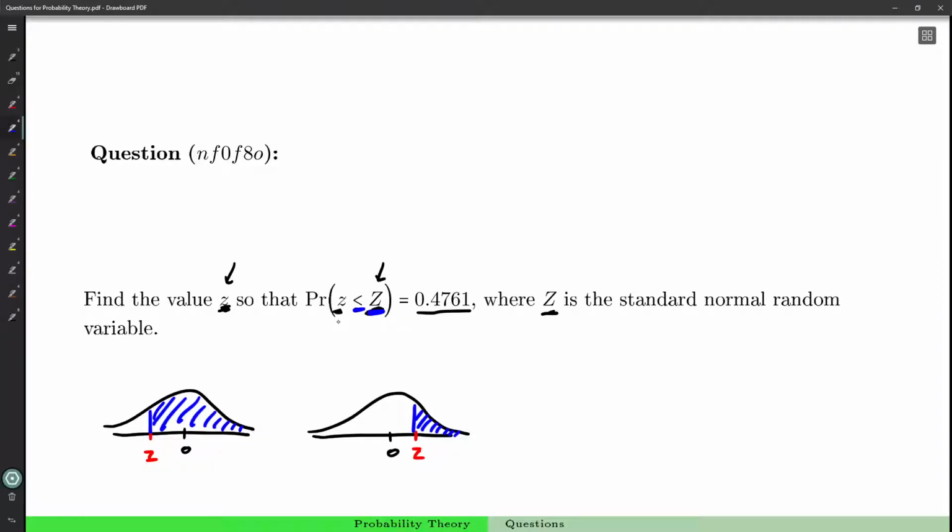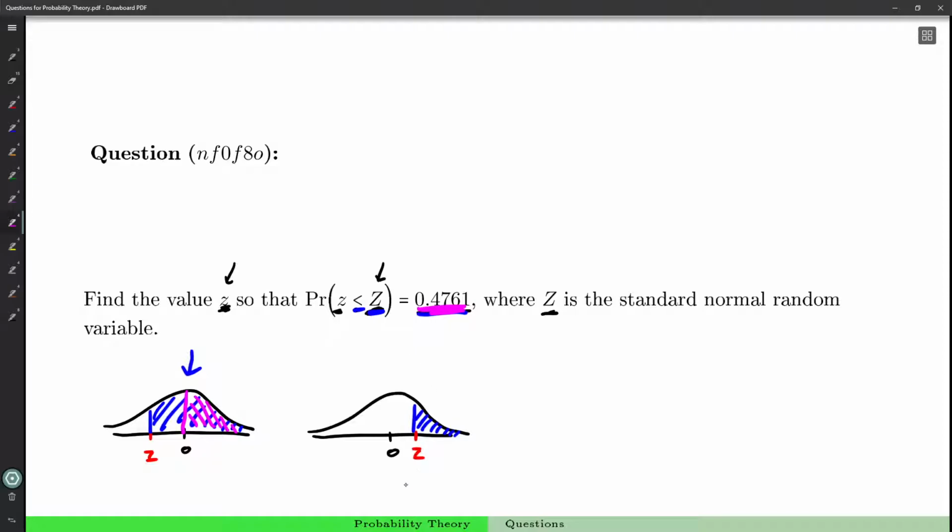So which of these most represents the probability that we're given? The probability we're given is 0.476. That's a little less than a half, and so we have 2 pictures. If the little z is negative, we get quite a large shaded area. Remember that for the standard normal, 0 is the halfway point, so this probability in blue is bigger than the half in pink, much bigger than 0.4761.